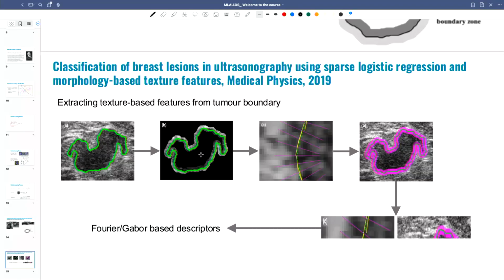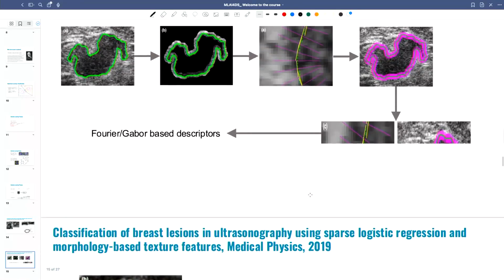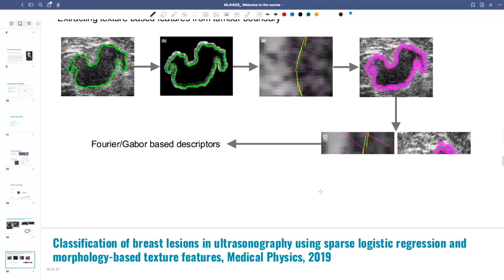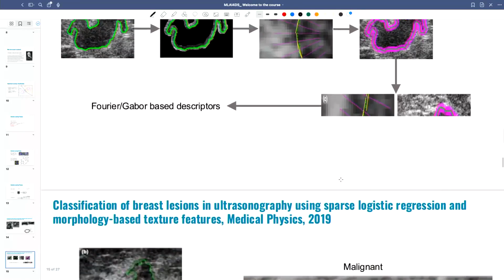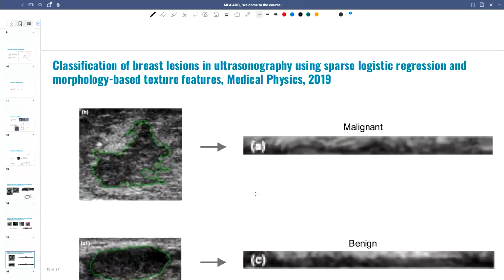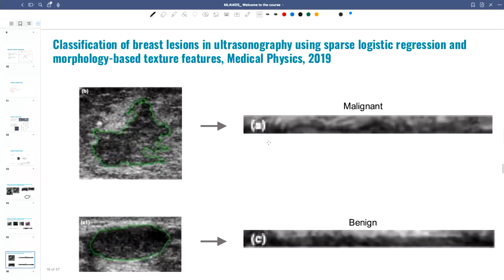And our goal is to unfold the boundary to a stripe, a nice rectangular-like stripe, to get rid of the shape information, because we just wanted to focus on the texture, how busy or how crazy this texture is, okay?